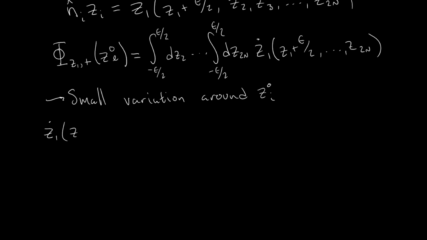In principle, you want to expand the entire integral, but all of the corrections are going to end up being higher order, z sub 2n.